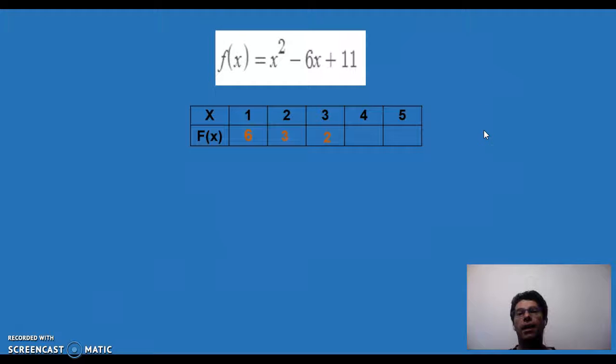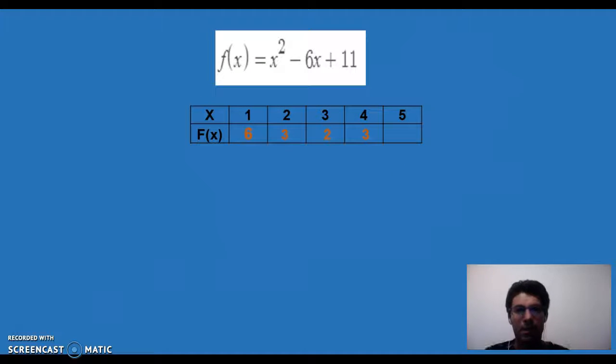What happens when x equals 4? 4 squared minus 6 multiplied by 4 plus 11. 4 squared gives 16 minus 6 times 4, 24, plus 11. 16 minus 24 gives minus 8 plus 11, so the answer is 3.